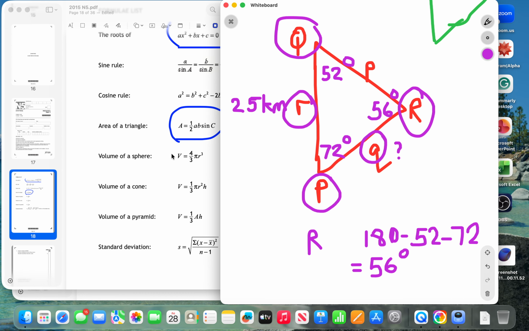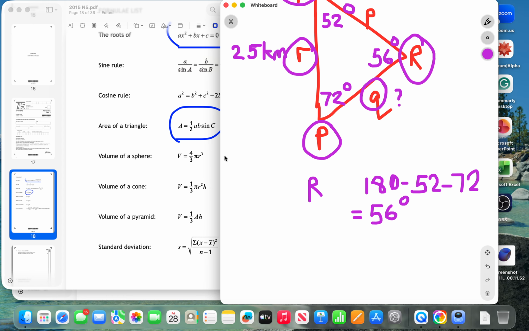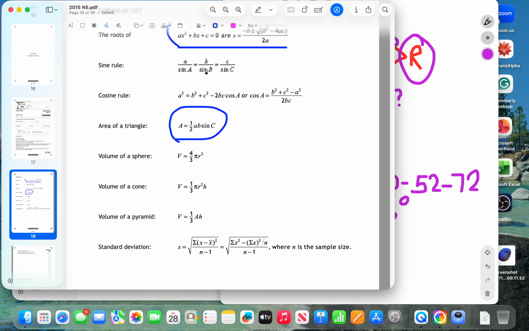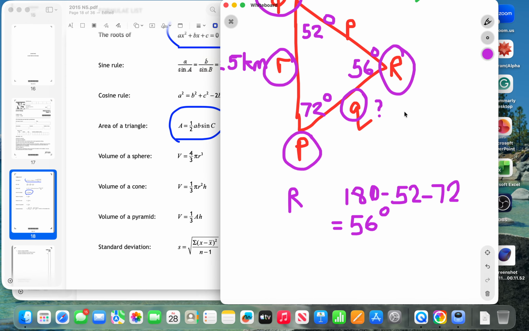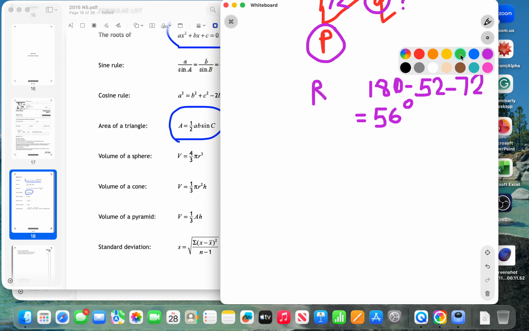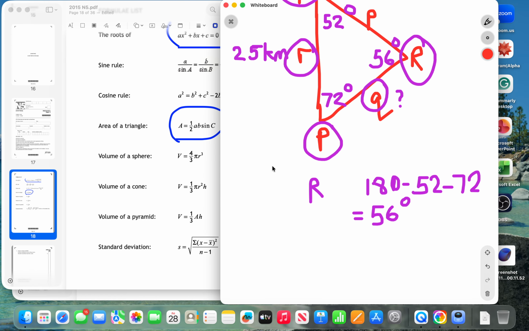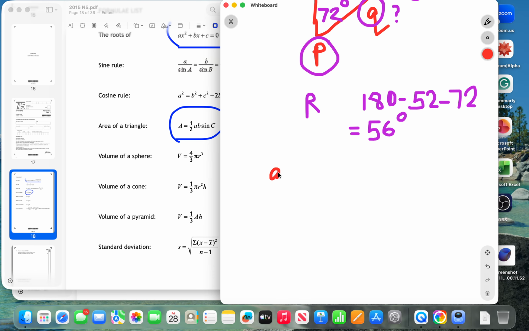And what we're going to do is we can then use the sine rule, because we have two sets of angles and sides which are opposite each other. So we can then write that down, R and Q. Make sure to not confuse the angles and the sides. Angles are the capitals and the sides are small letters.